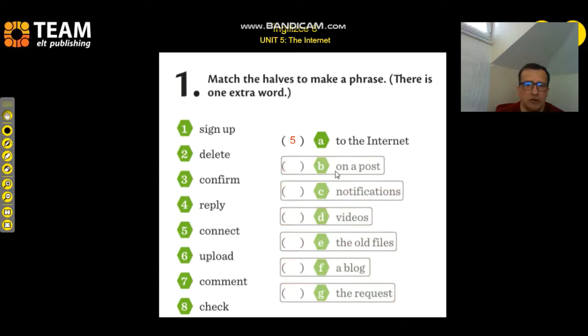I stressed on this word and I said, remember, this verb is used with on. It was comment on. Yes, we use on with comment. It is 7. Yes, comment on a post. Bir gönderiye yorum yapma. Okay.